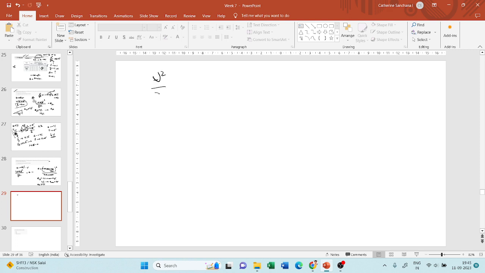So V square by g R equals E plus F. Here I will not use 0.75 because I've brought in the effect of friction, right? So here I will use E as 7% maximum, because since it exceeds 7%, I cannot go beyond 7%, right? So substitute for V and find out F.